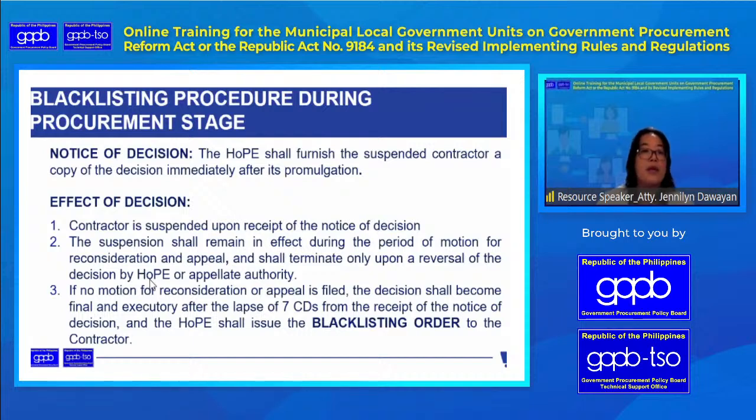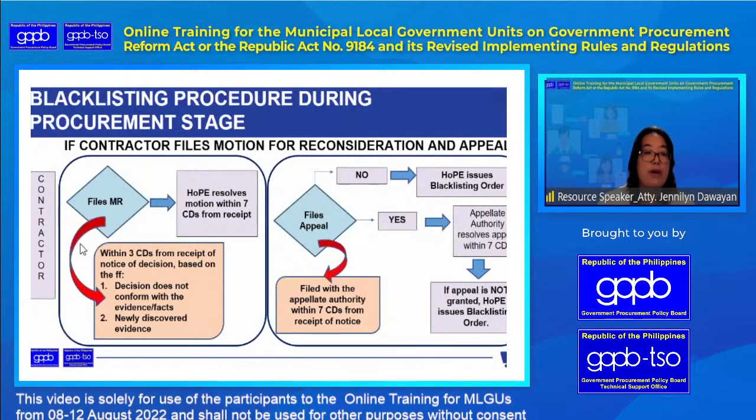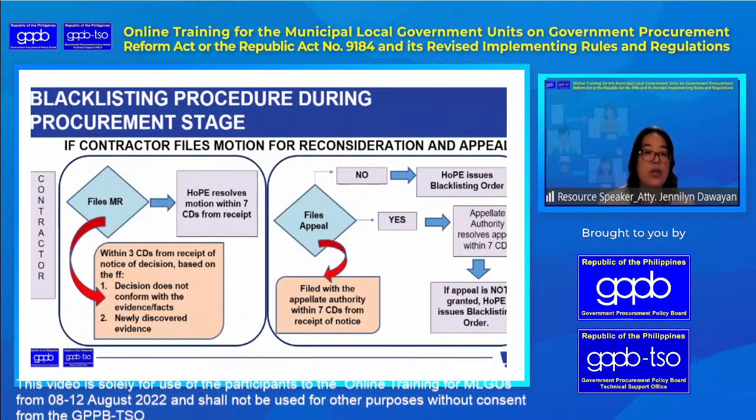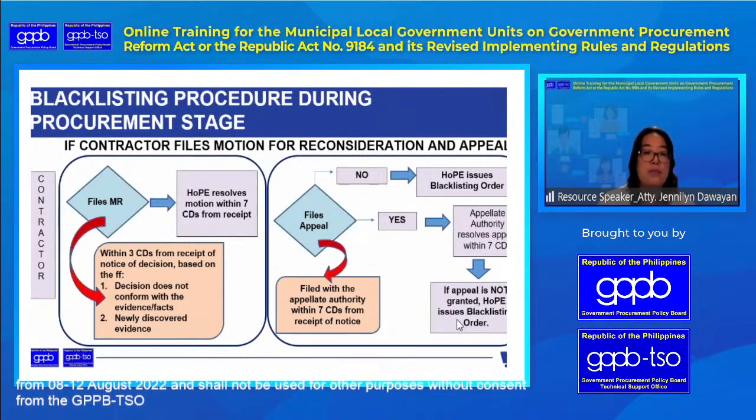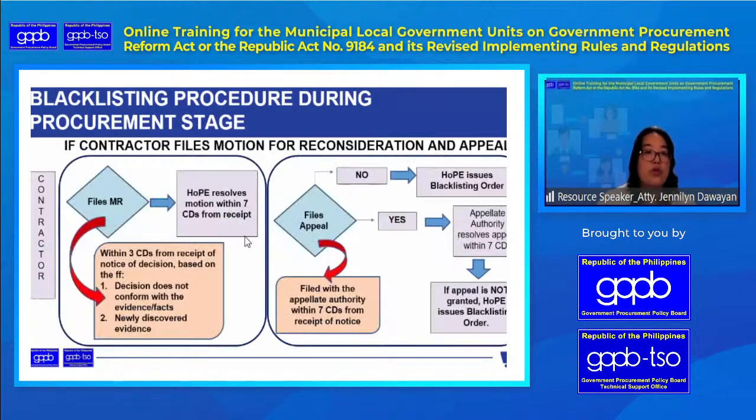Okay. At this stage, kung magfa-file siya ng motion for reconsideration and appeal, so sino pa yung magfa-file ng MR doon sa decision ni HOPE to dismiss, di ba? For example. So, the HOPE resolves the motion within 7 calendar days upon receipt, no?